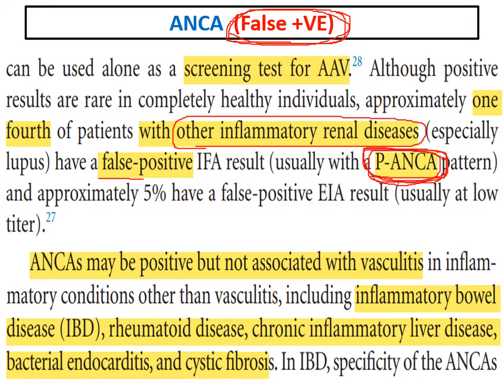Don't forget that, can be a question. What are these other inflammatory conditions? It might be inflammatory bowel disease, rheumatoid arthritis, chronic inflammatory liver disease, infective endocarditis, and cystic fibrosis. In all these conditions, ANCA can be positive, and usually it is P-ANCA, and this can happen in around 25% of cases.